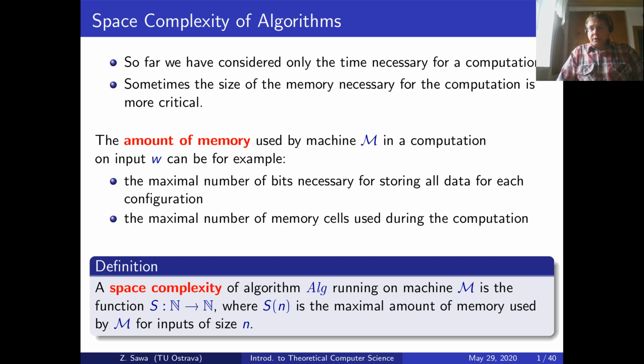This measure of the size of memory is reasonable in the case when the values which are stored in these memory cells are rather small. They would correspond, for example, to the situation that we have in real programming languages, in real implementations, where integers or pointers are, for example, 32 bits long or 64 bits long or something like that.